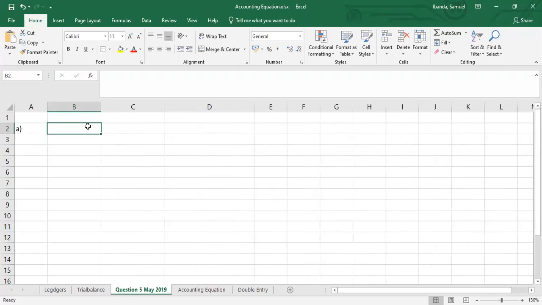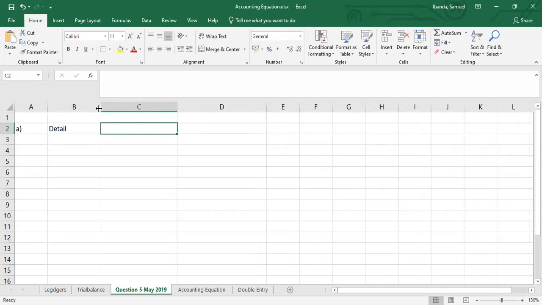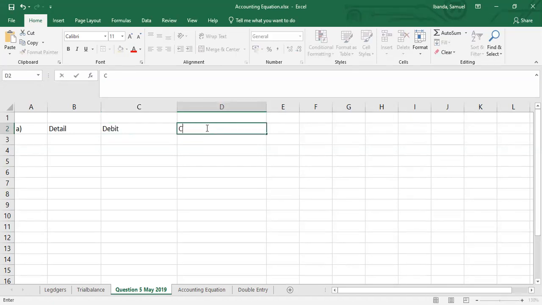You get it? And journalizing the transaction, we shall have maybe the details or account, and then we shall have a debit and a credit, like that.